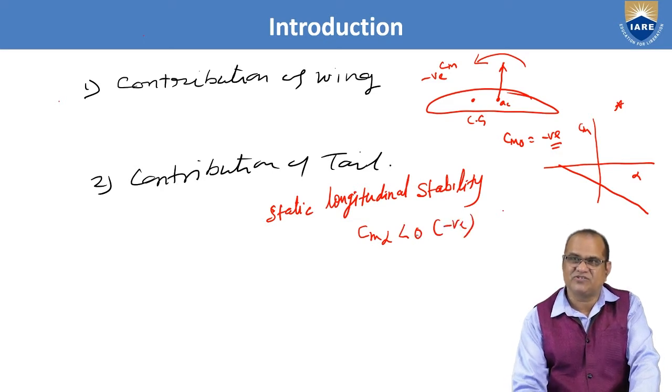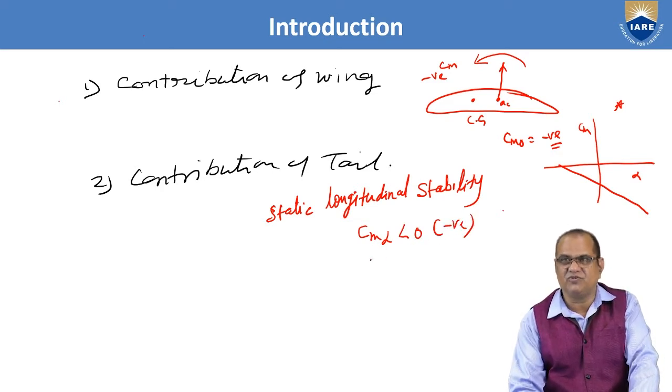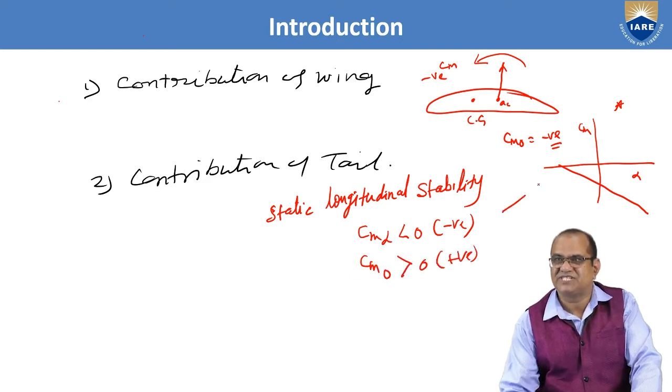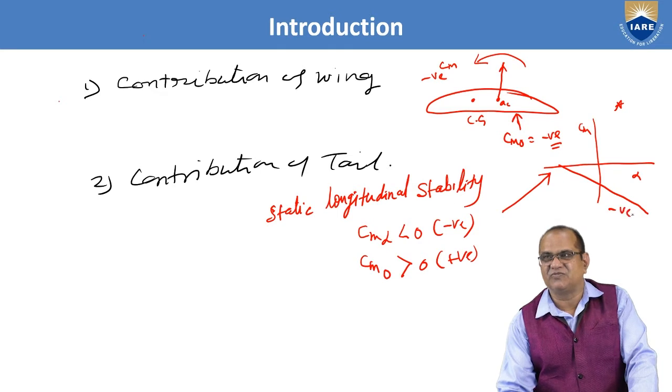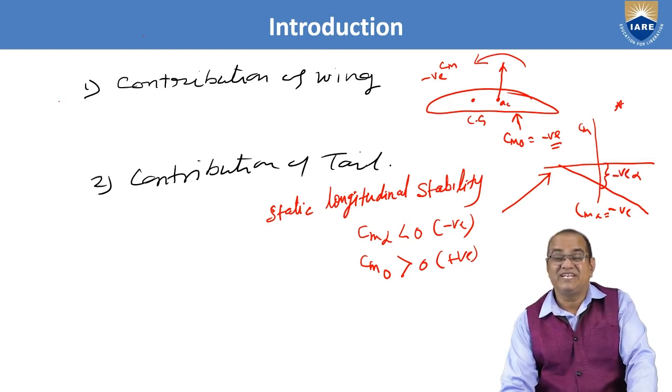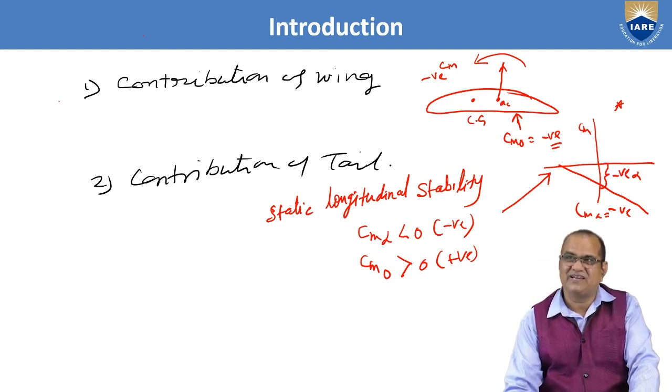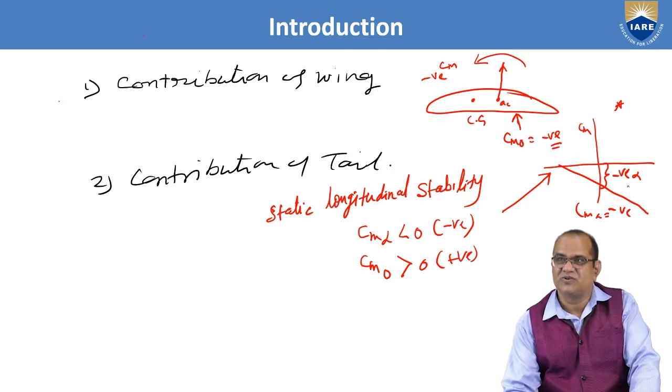That is, CM alpha should be less than 0 or negative, and CM naught should be greater than 0 or positive. If you see this plot for this wing, CM alpha is negative, but CM naught is also negative. So we need something else to make this positive.